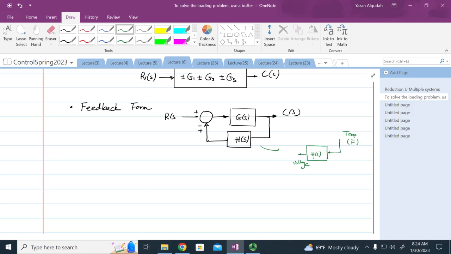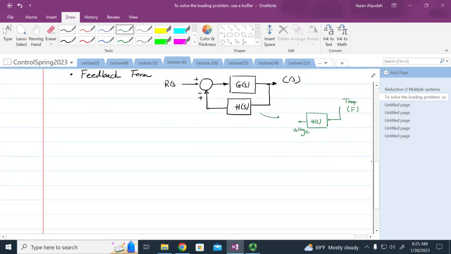If I were to select a sensor to measure the output, I'm going to select the fastest sensor possible. And therefore, this sensor is going to be much, much faster than this, so I can just represent it by a constant. Make sense? Okay. And we'll see this again, hopefully, when we look at the response of the system.